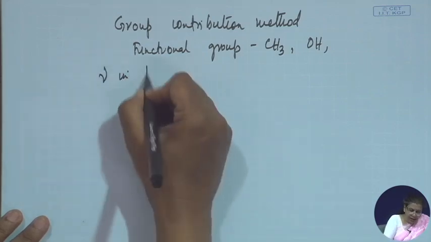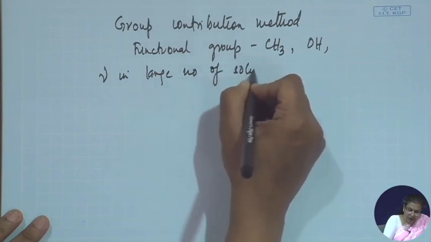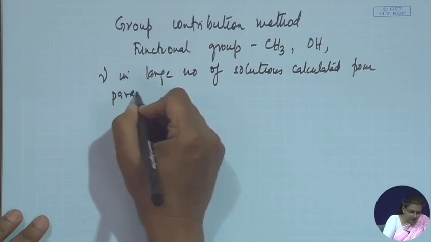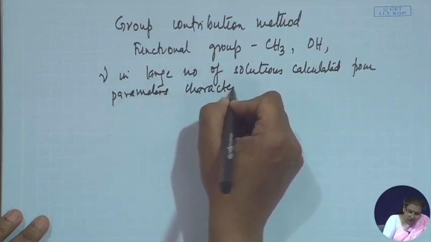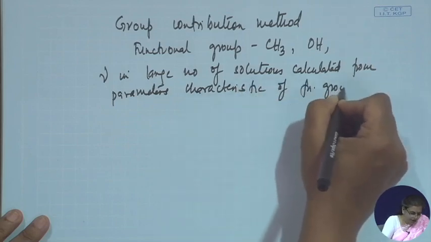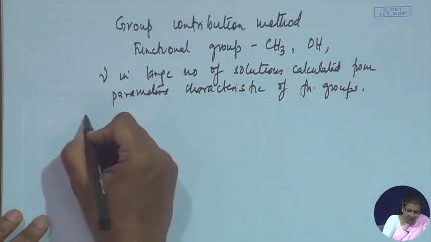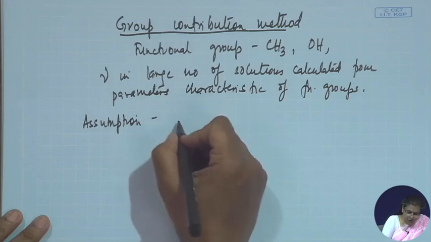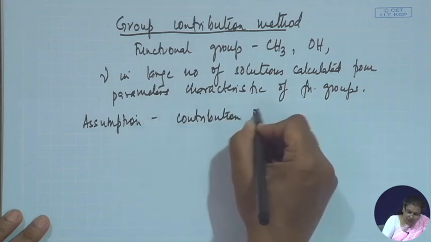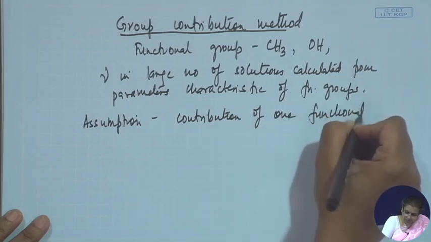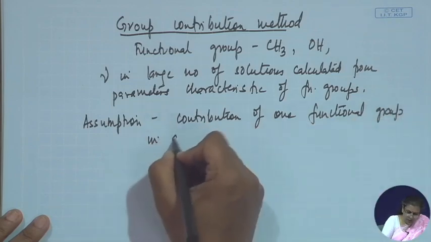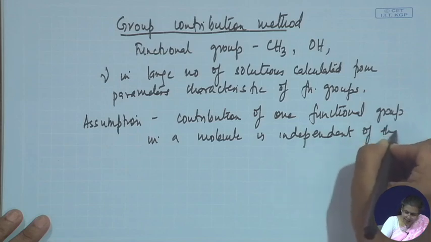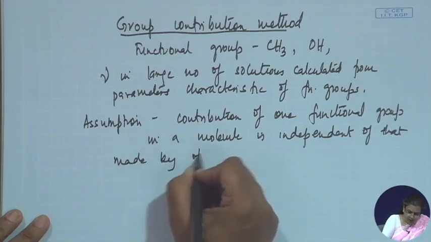So the basic idea is that the gamma in a large number of solutions can be calculated from parameters characteristic of functional groups, and the only assumption here of the group contribution method is that the contribution of one functional group in a molecule is independent of that made by other functional groups.